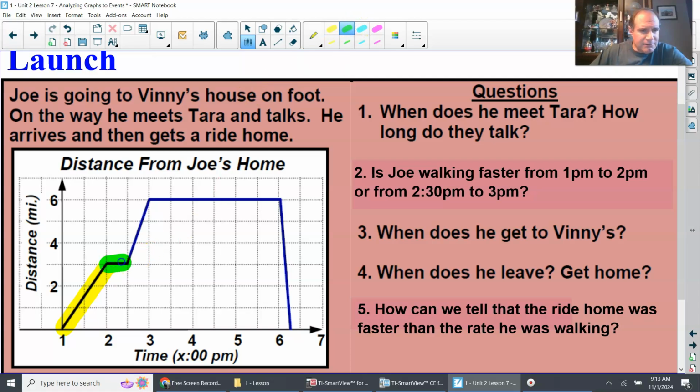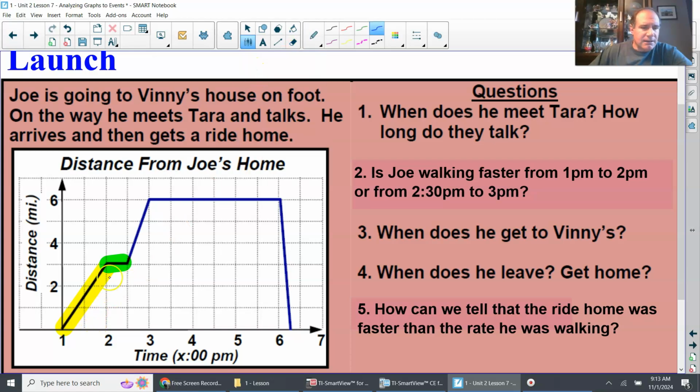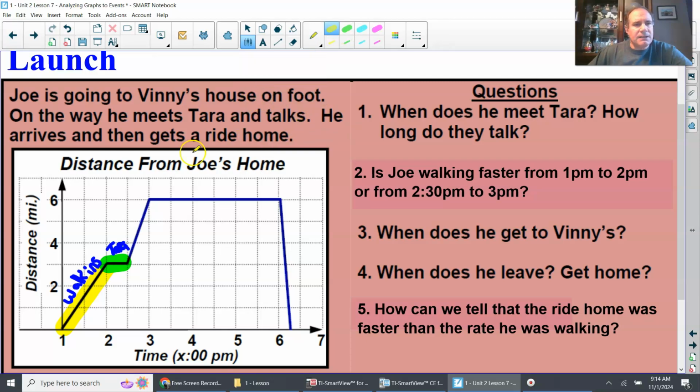So right here is where he's meeting Tara and talks. So he starts walking. Then he meets Tara. And then I'm going to go back to the highlighter. He arrives and then gets a ride home.